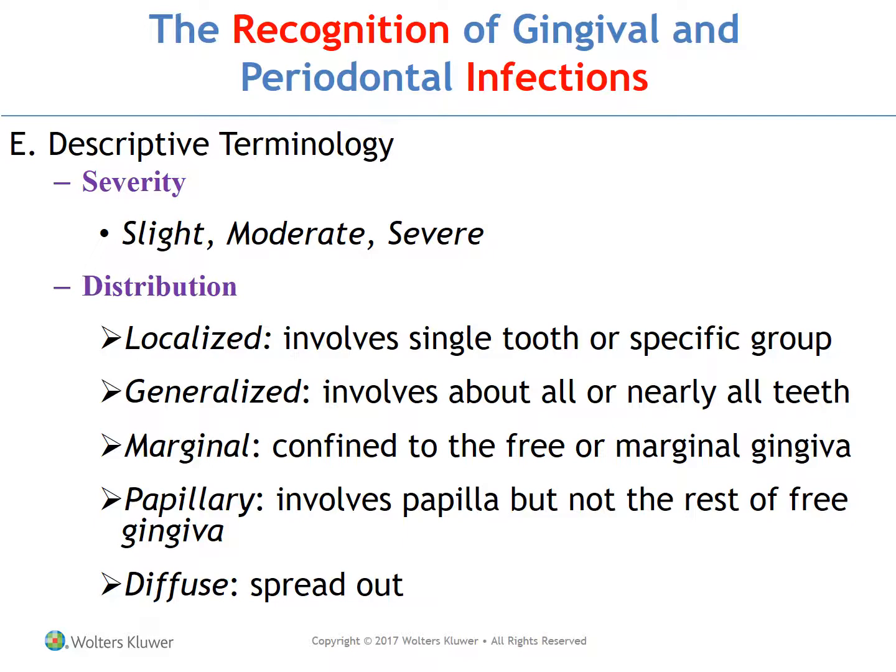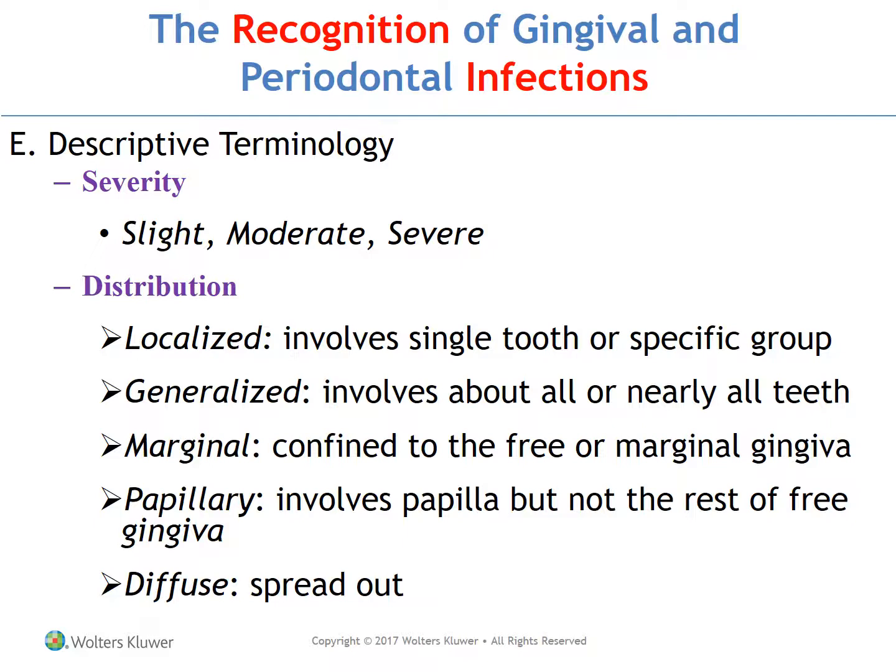Marginal means that it's confined to the free or marginal gingiva. So that's going to be more like our gingivitis, right? Marginal inflammation in the marginal gingiva. And then papillary means that it's involving the papilla, but not the rest of the free gingiva.